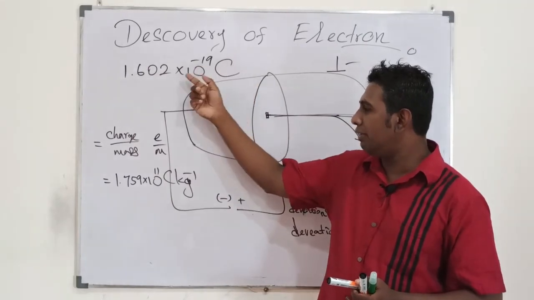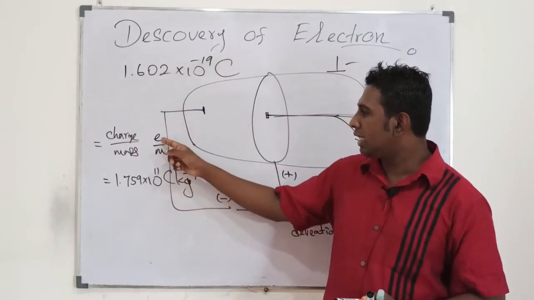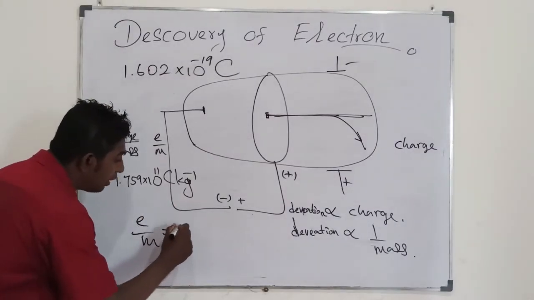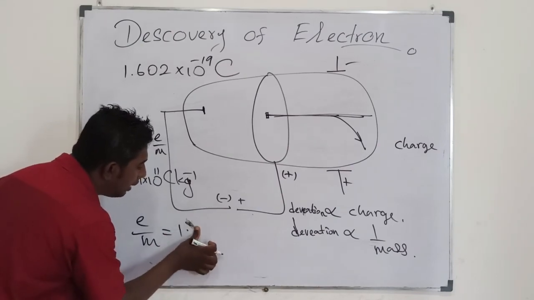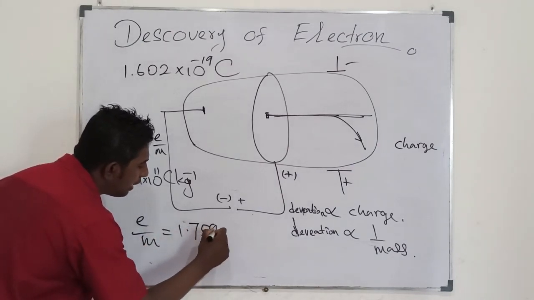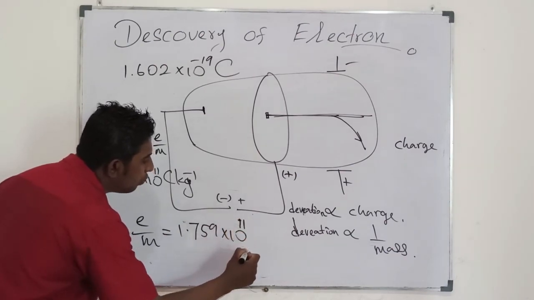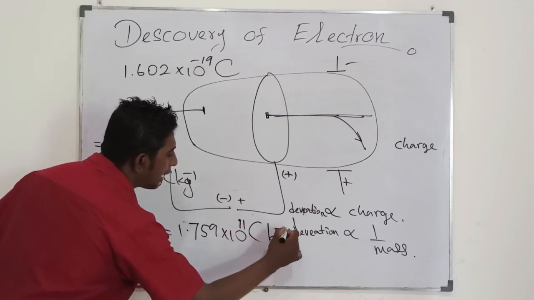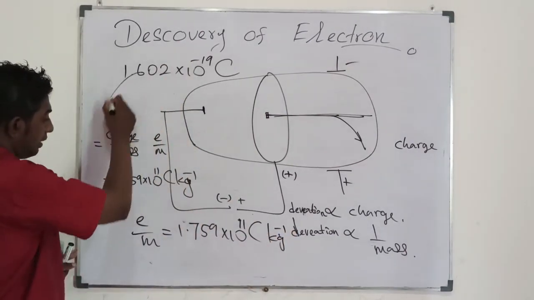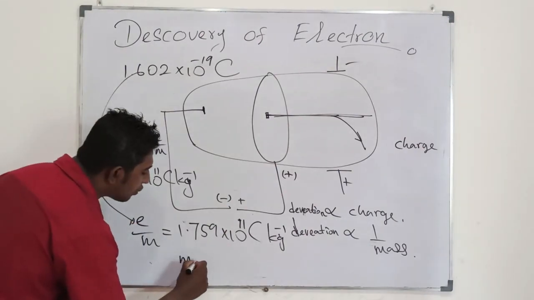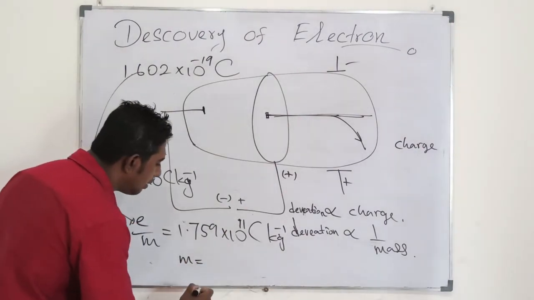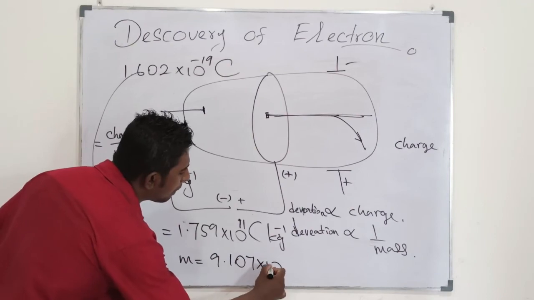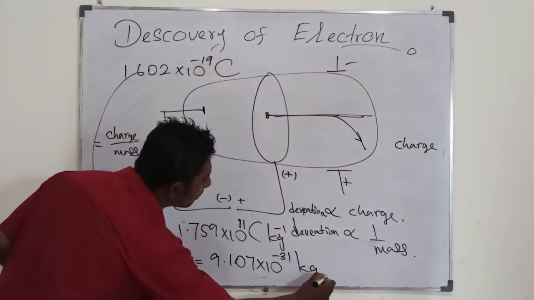Then after having that, substituting the charge here, the electron's charge over mass ratio is 1.759 × 10^11 coulombs per kilogram. Substituting this charge here, you would get the mass of an electron being what? It is 9.107 × 10^-31 kilograms.